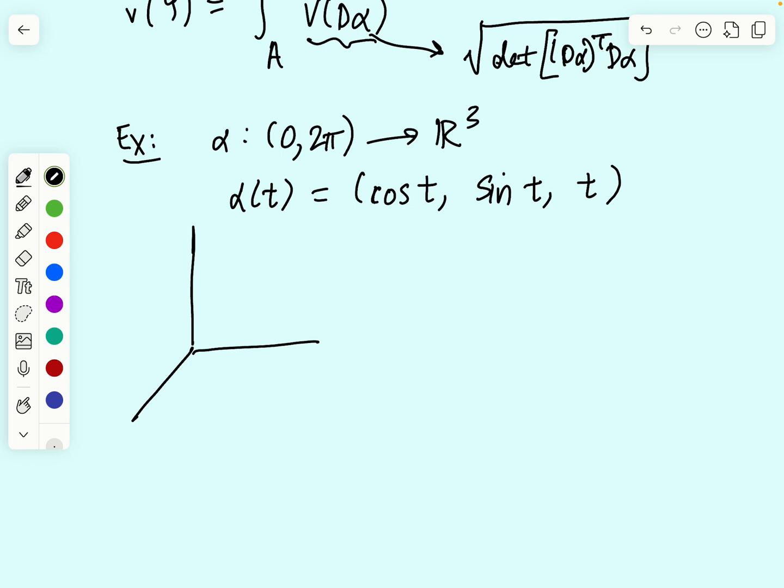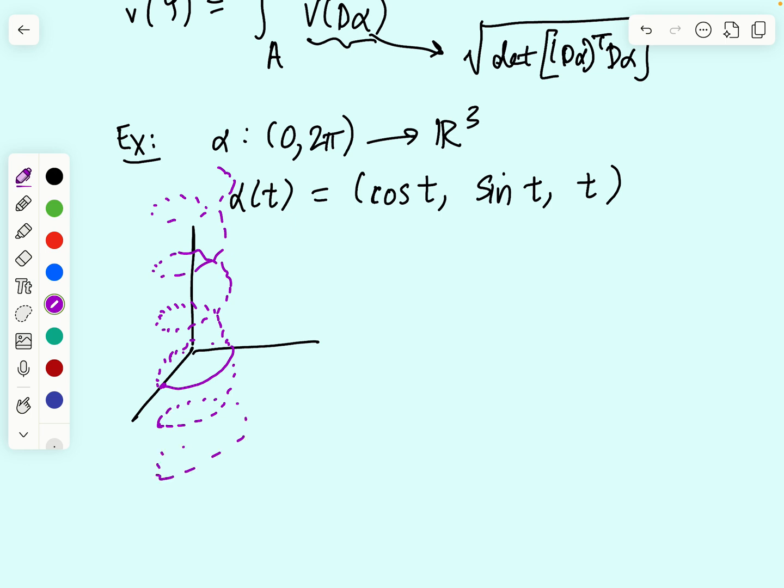So when the circle makes a full rotation, when t goes from 0 to 2 pi, then z is equal to 2 pi. You start at 1, 0, 0, and then you're going around and around in a circle, and it keeps going up forever. And if t goes to negative values, then you're just going down forever, and that's the shape you get.